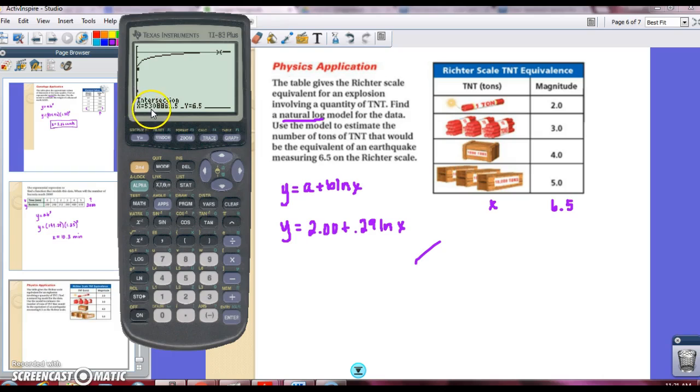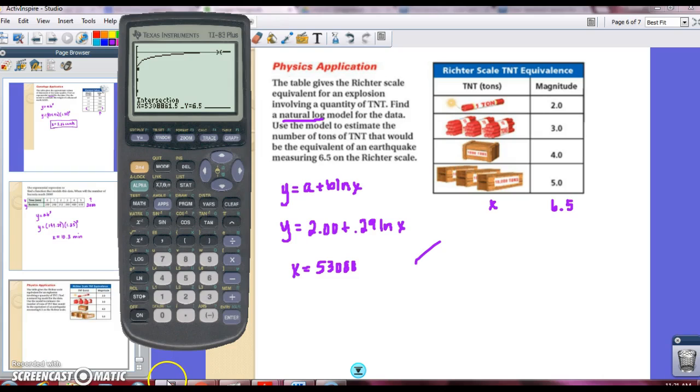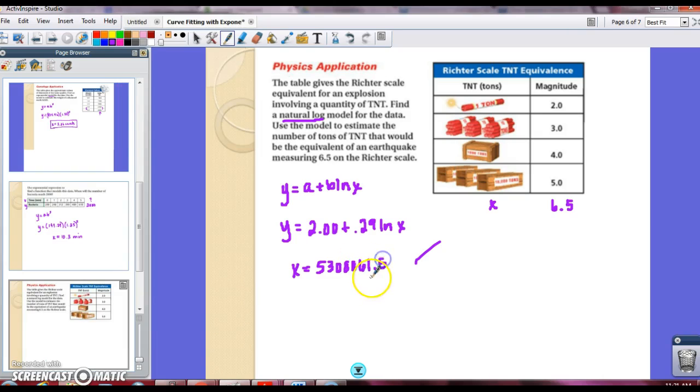And you'll see here you get 5,308,861.5. So x is roughly about 5.3 million tons, I believe.